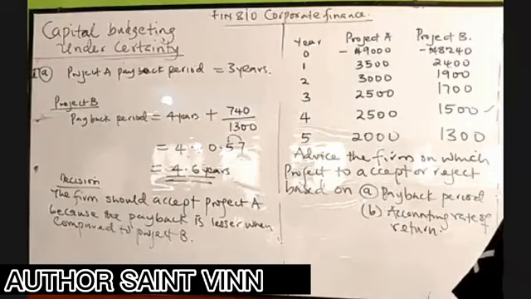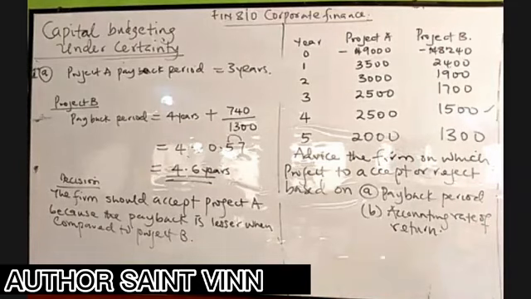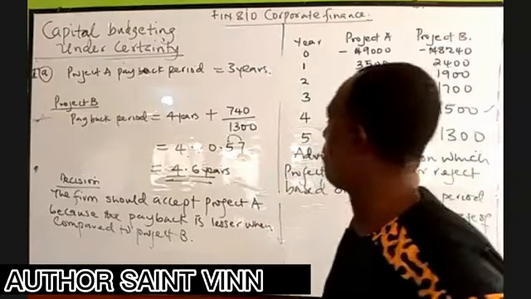Based on the payback period method of calculation, does it mean that only the one that has the lesser years of payback is chosen, and it does not have any exceptions attached to it? I said the payback period is strictly for the one that has the lesser payback period.